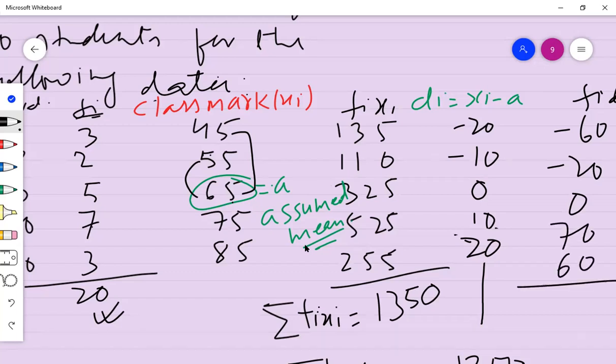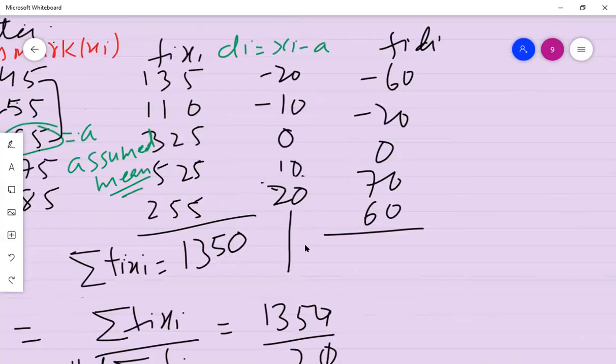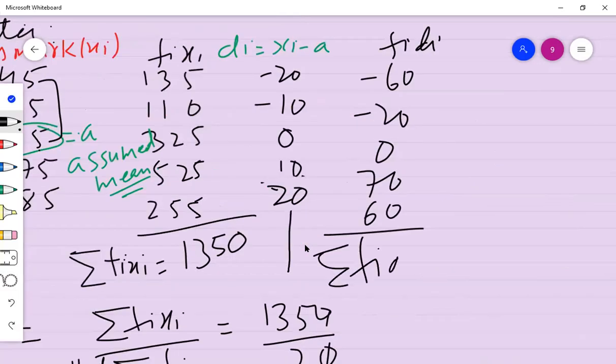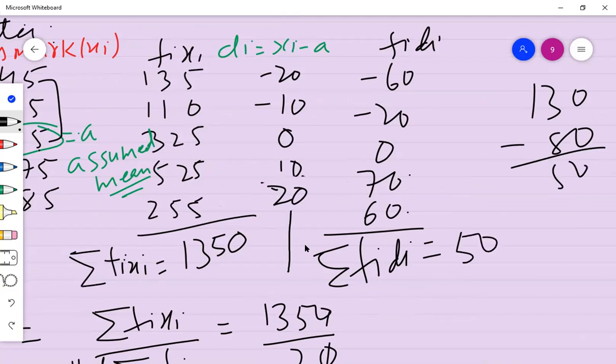Now we find the sum of this fidi. Sum of fidi equals 70 plus 60, 130, and 130 minus 80 is 50. So it is 50. Now it has become a smaller number compared to the previous one.